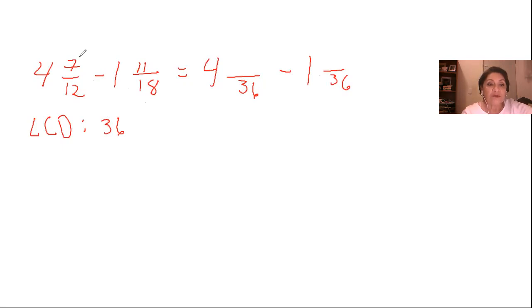So I'm going to multiply times 3 the fraction that we have here. 7 times 3 is 21, and 12 times 3 is 36. Now 36 divided by 18 is equal to 2. So I multiply numerator and denominator by the 2, and that gives me 11 times 2, 22. 18 times 2 is 36.